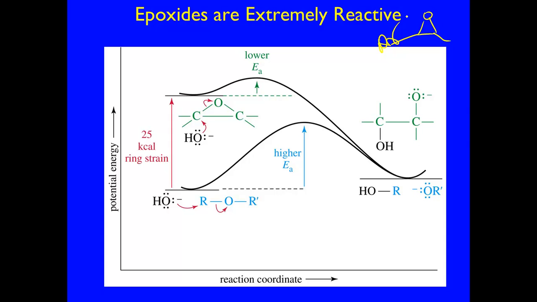This is the energy level of the product. If you have to go from this reactant to this product, you have to cross this energy barrier, which is very high. Whereas in the case of epoxides, you already have the reactants at a higher energy level, so you are going down. This is thermodynamically favored compared to this uphill process.